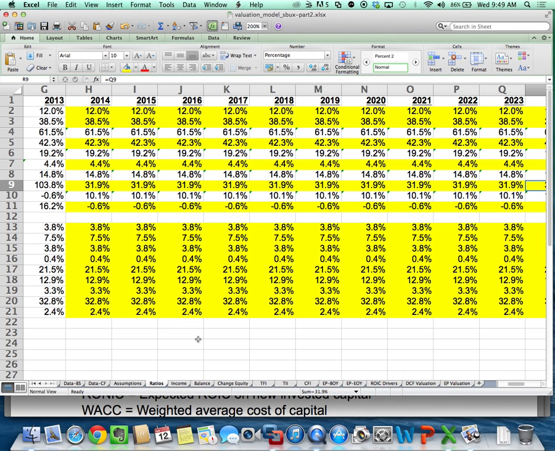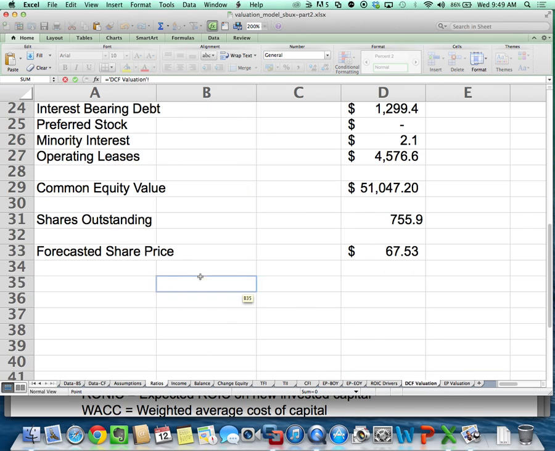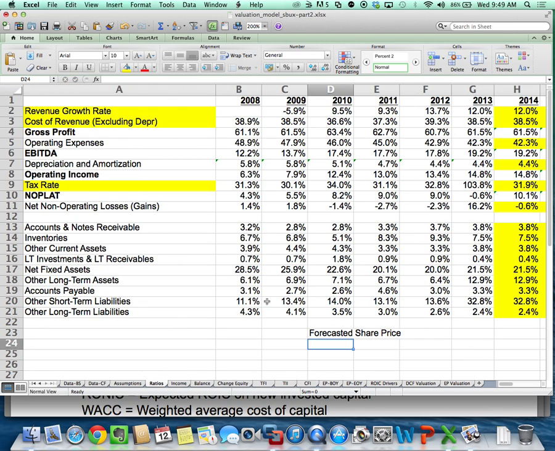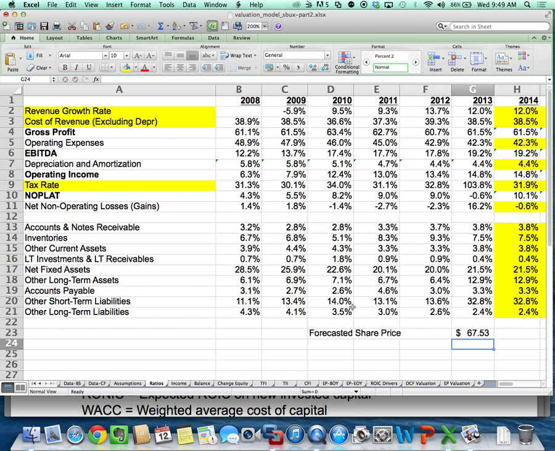I'm going to go to the ratio screen, and I'm going to put into my ratios the forecasted share price from my DCF valuation, which from the DCF screen equals 67.53. So the idea is I want to start to manipulate my ratios to get to the share price of the company, plus or minus $1.